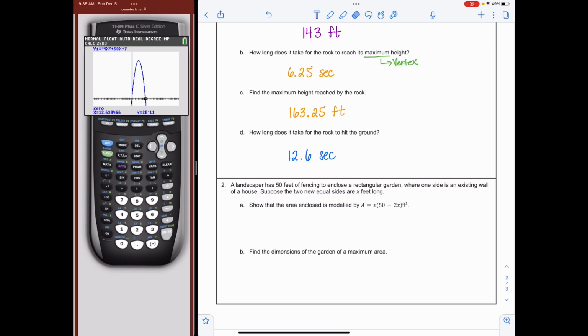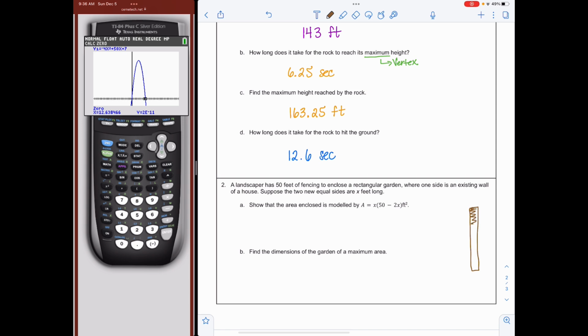It says a landscaper has 50 feet of fencing to enclose a rectangular garden, where one side is an existing wall of a house. So suppose the two equal sides are x feet long. If I draw a depiction of this, let's say I draw the wall of a house here.